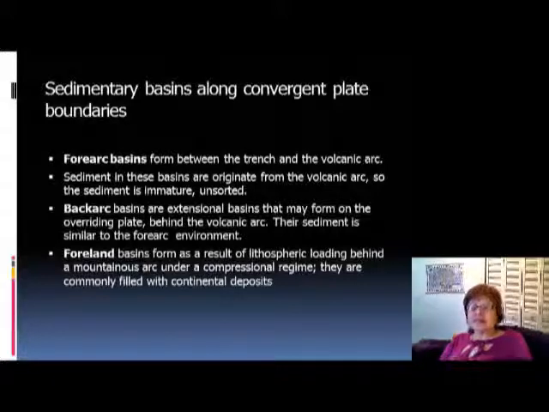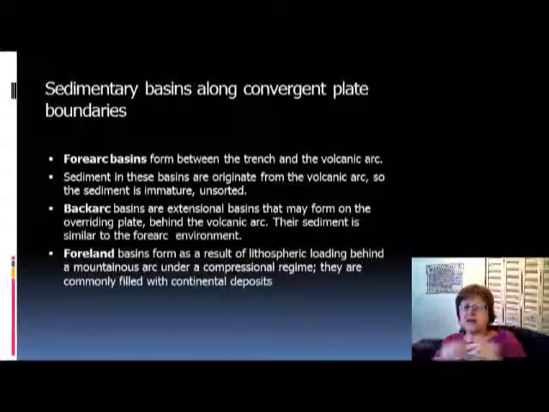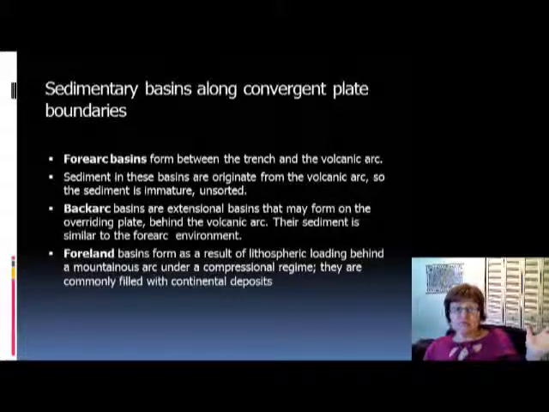So the sediment is typically coming from the volcanic arcs, and you're gonna have very immature, very unsorted sediment, which is coming from the volcano exactly. So it's going to be very immature, full with rock fragments from the volcano.